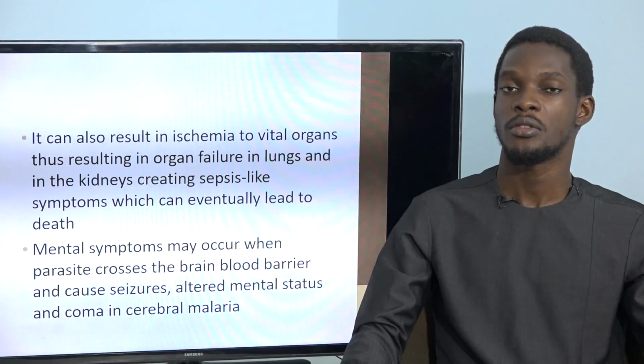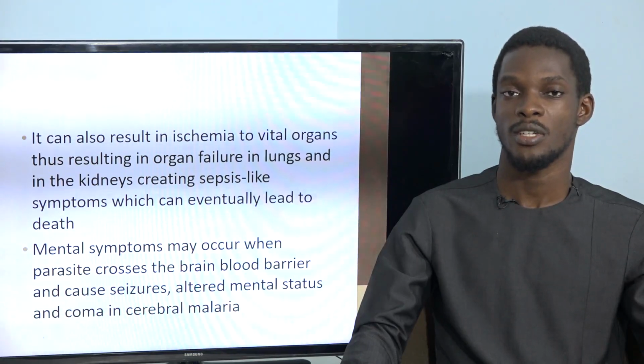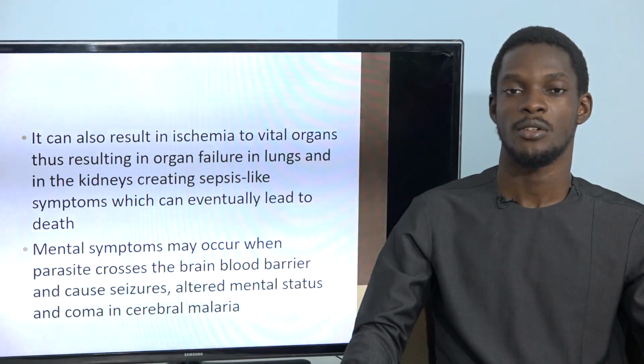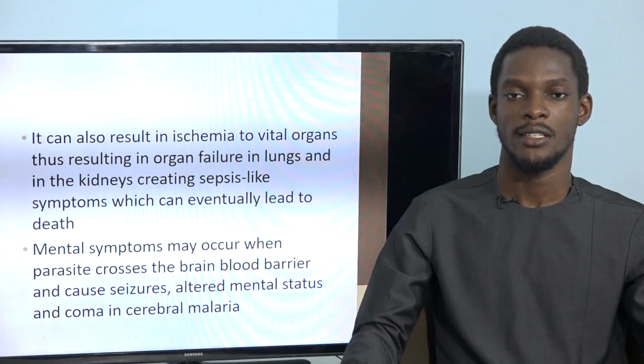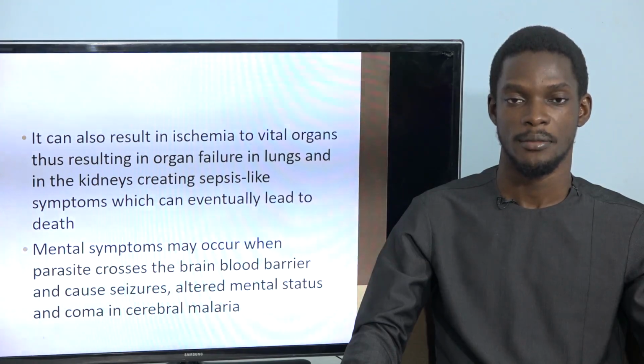And so it can also result in ischemia to vital organs because blood is no longer flowing to these vital organs, and thus result in organ failure, like in the lungs and in the kidneys, creating sepsis-like symptoms which may eventually lead to death if untreated.